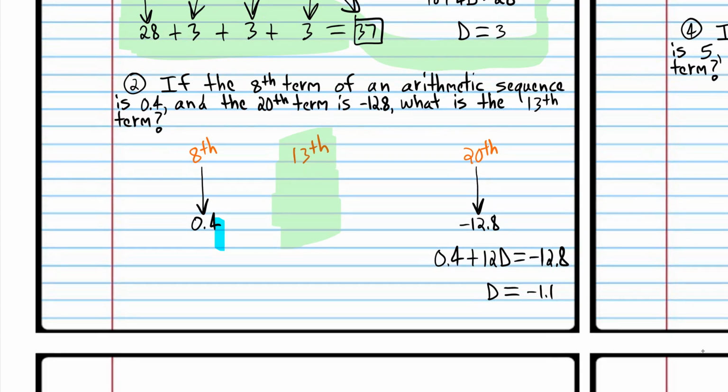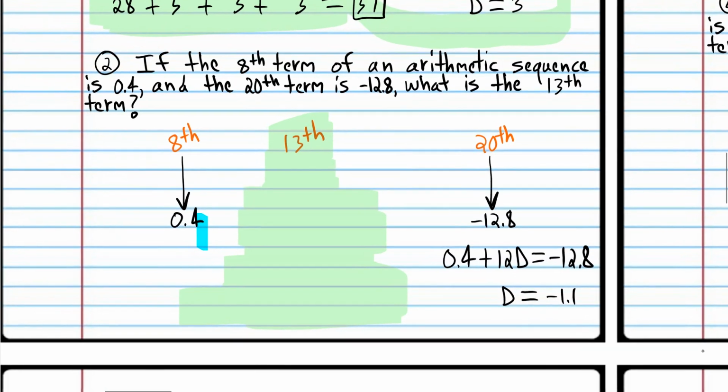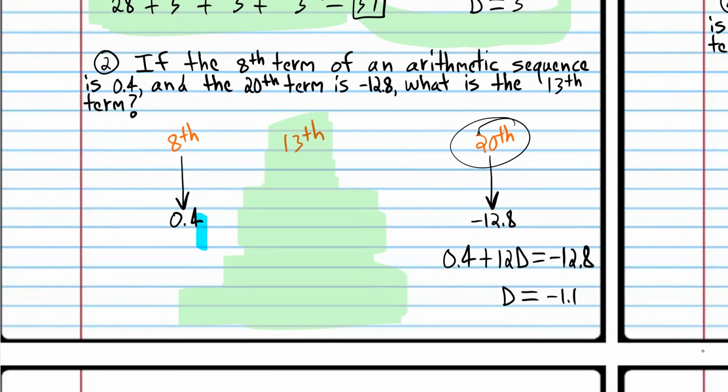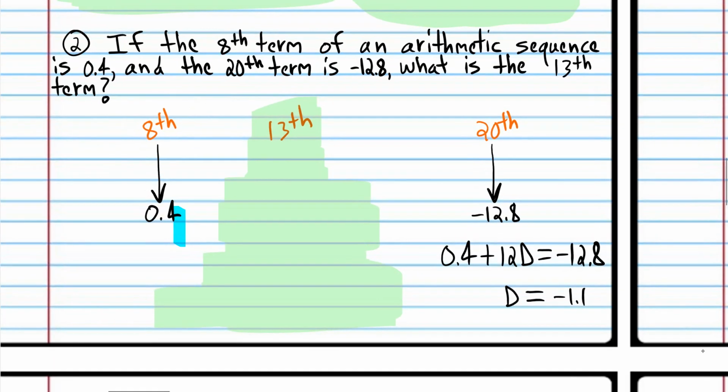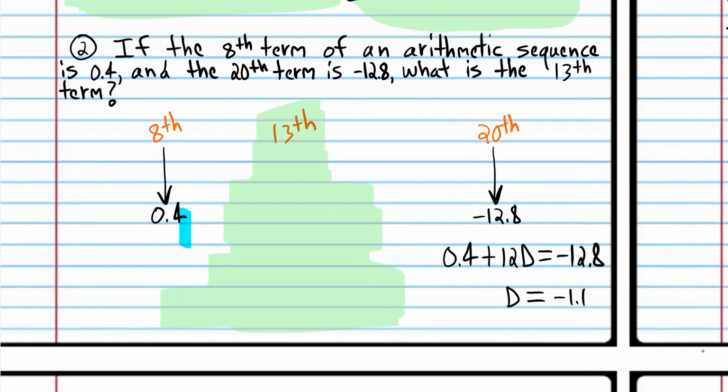So now we can use that common difference to help us find the 13th term. To find the 13th term, we can either start with the 20th and then go backwards by actually adding 1.1, or we can start with the 8th term and subtract 1.1 going forward to get to the 13th term, because the common difference is a negative number.